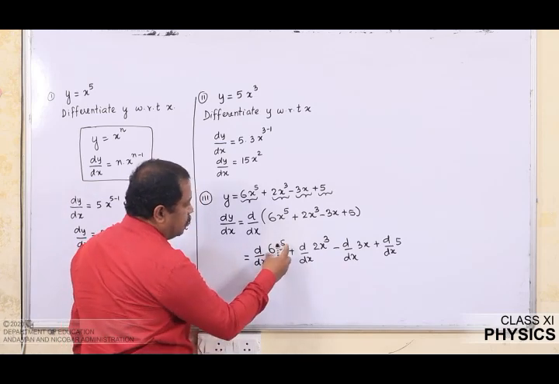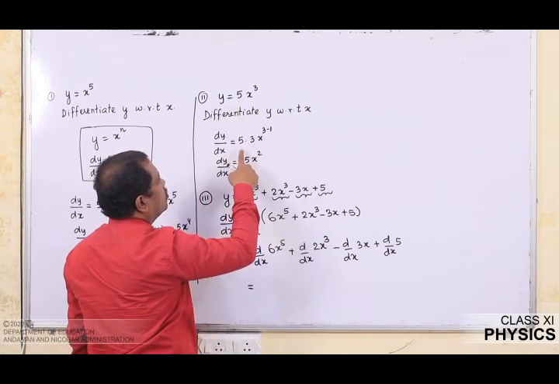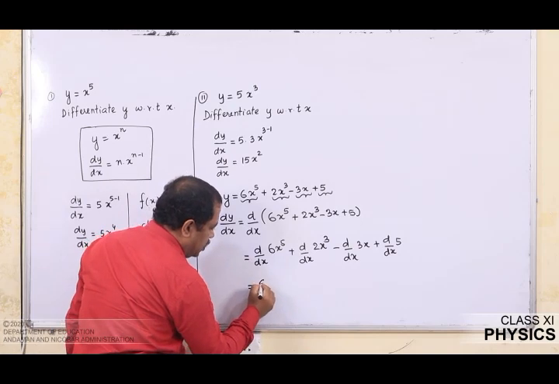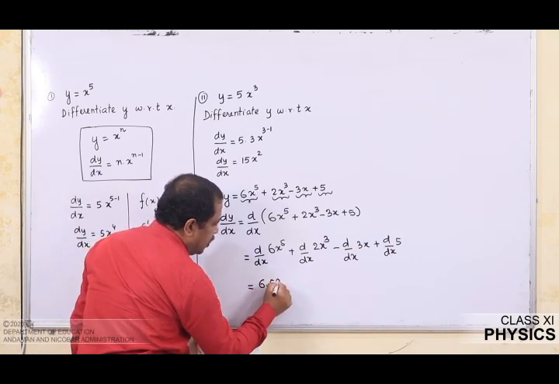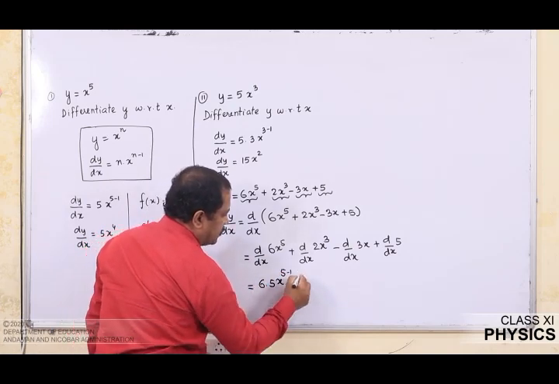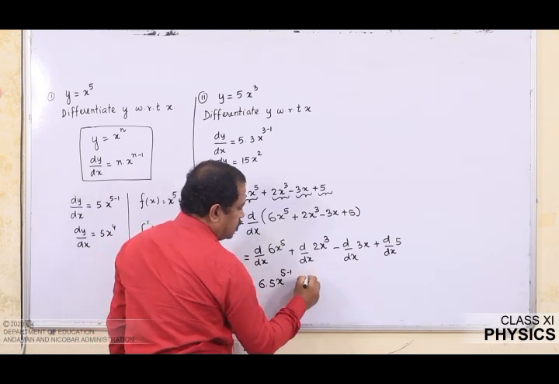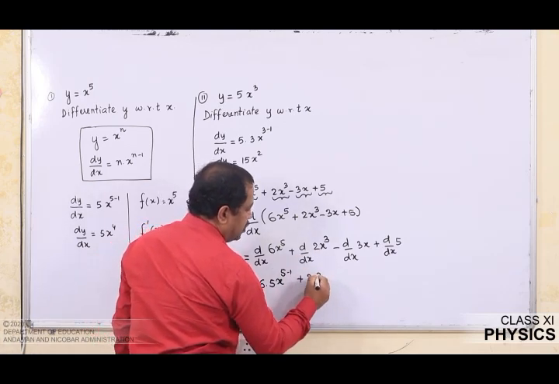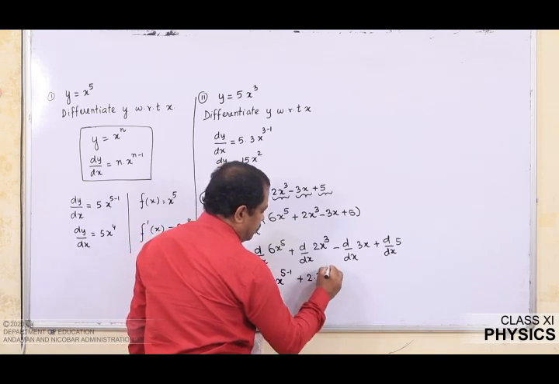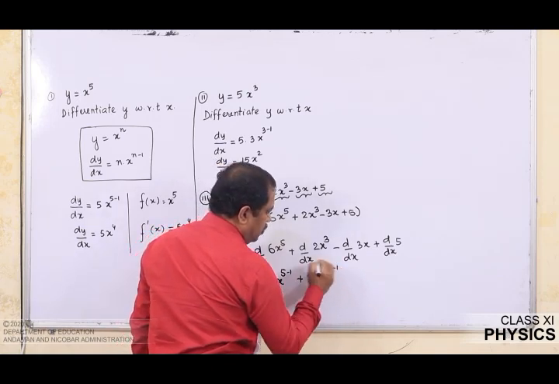In this case, I know that this is very similar to the earlier one. So, I will do constant times power and power minus 1. Plus 2 is the constant, times the power I bring to the front, and x power minus 1.